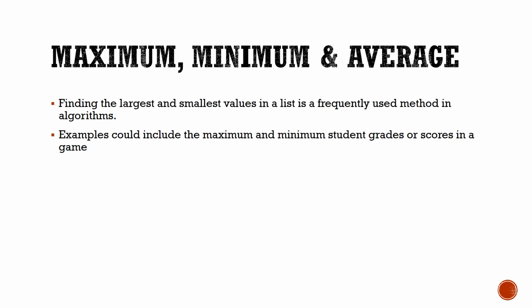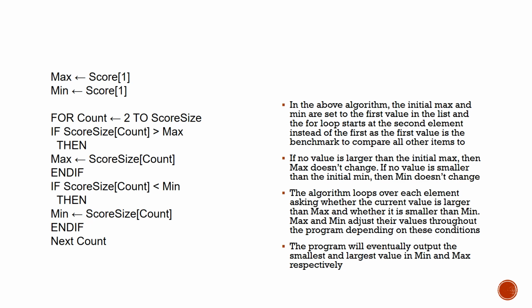Maximum, minimum, and average. Finding the largest and smallest value in a list is a frequently used method in algorithms. In this algorithm, the initial max and min are set to the first value in the list. The for loop starts at the second element, using the first as a benchmark to compare all other elements.